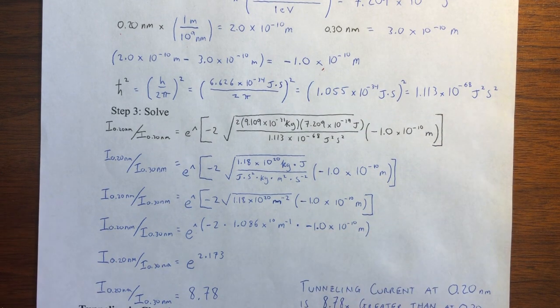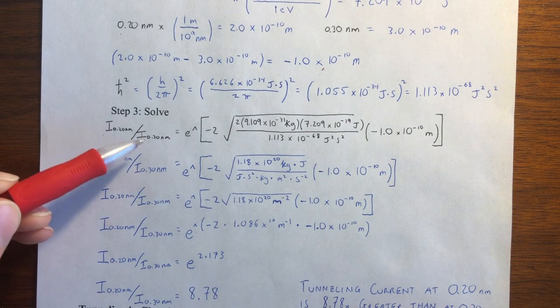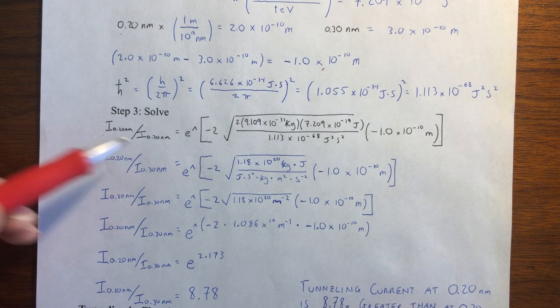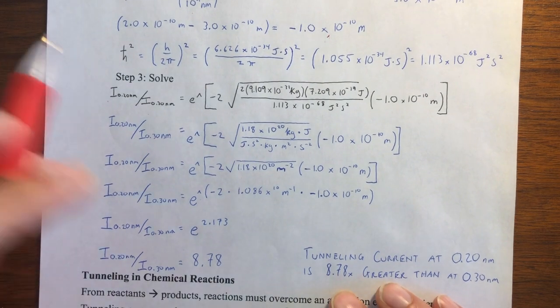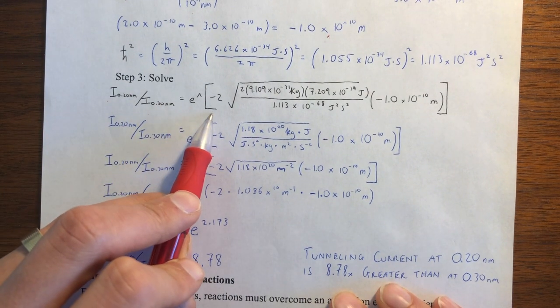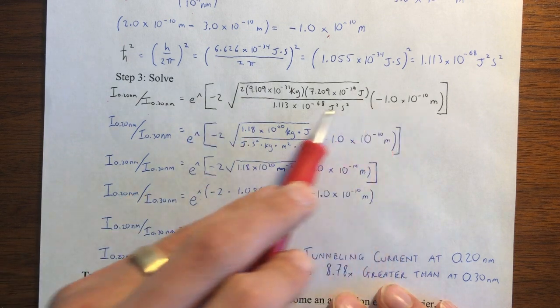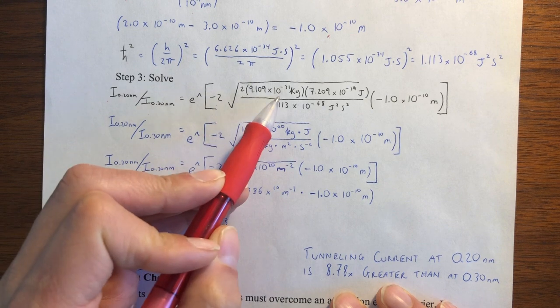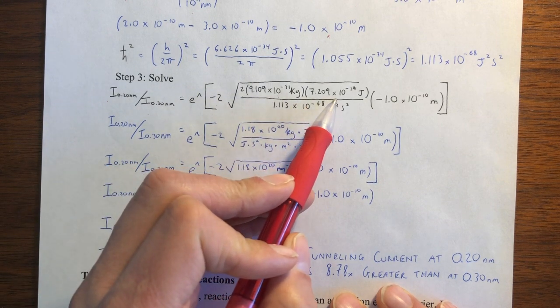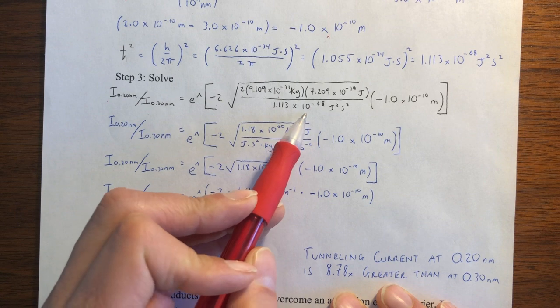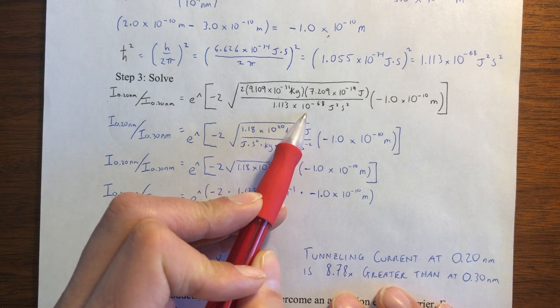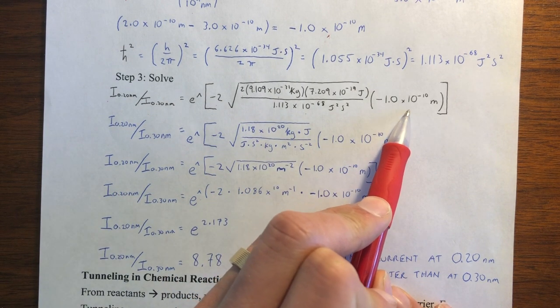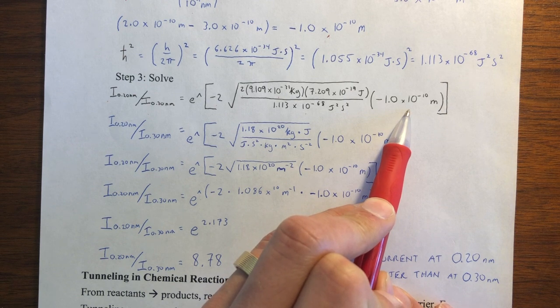So now we are in a position to solve for the ratio of current at 0.2 to our current at 0.3 nanometers. By plugging everything in, we have e raised to this entire amount, which is negative 2, times the square root of 2 times the mass of an electron times the difference in energy in joules divided by our value for h bar squared, times, outside of the square root, our difference in barrier width.